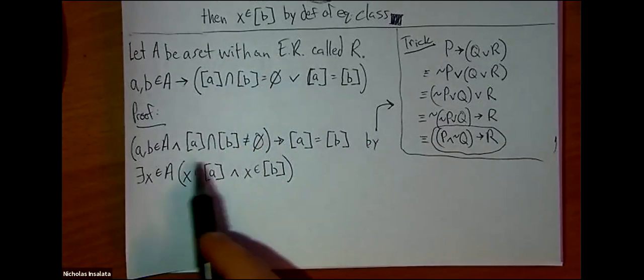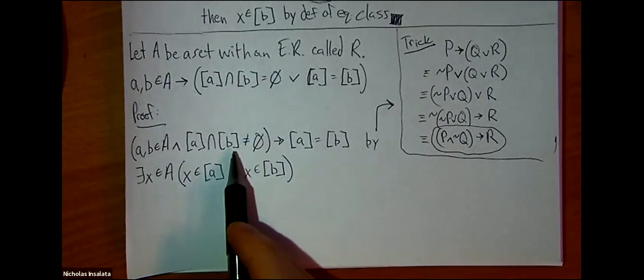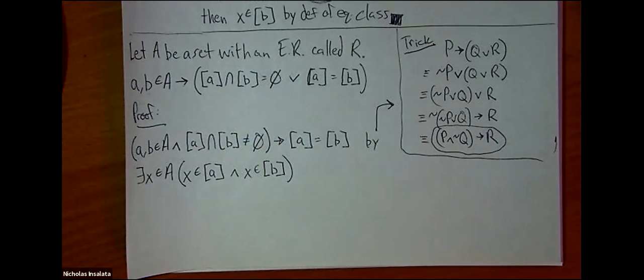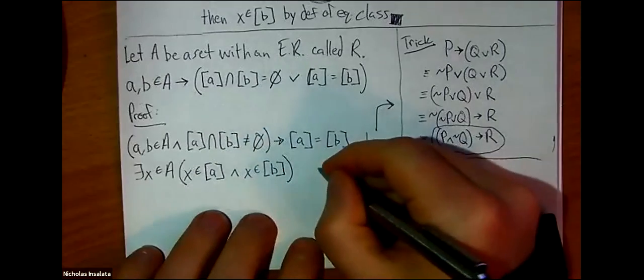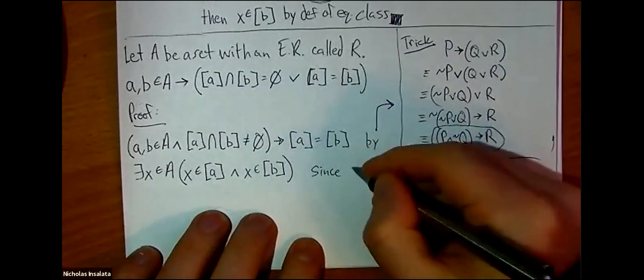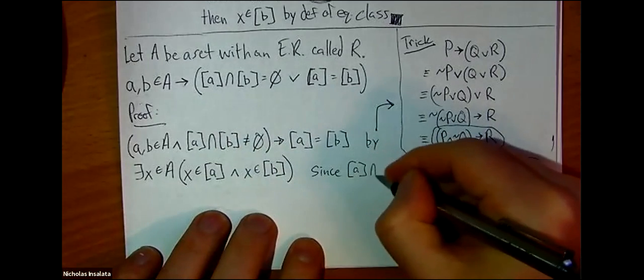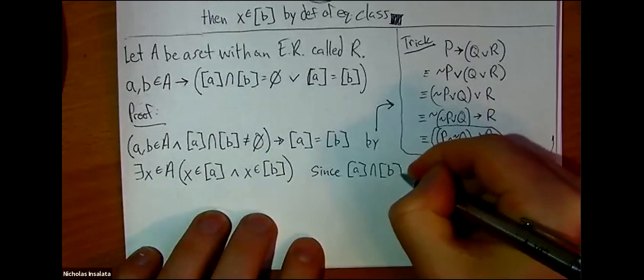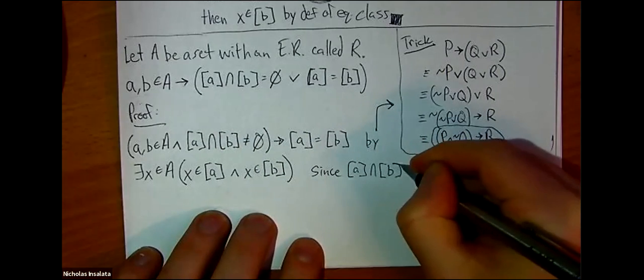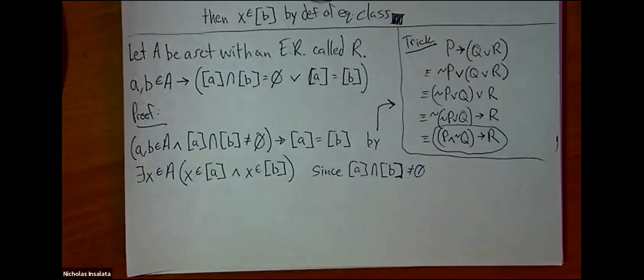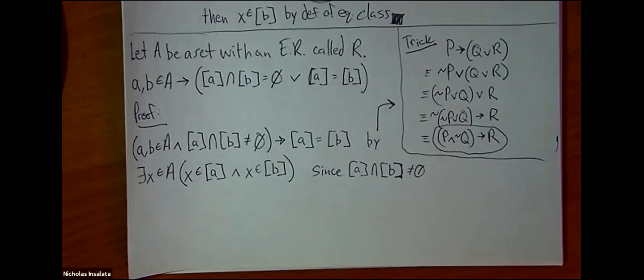Which is to say, there's an element that the equivalence classes of A and B share. Yeah? Is everyone happy with this step? Any questions? Okay. No questions there, I guess.